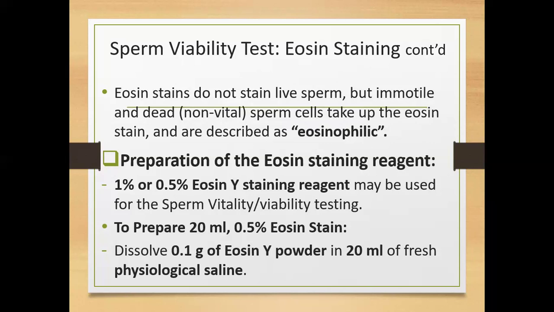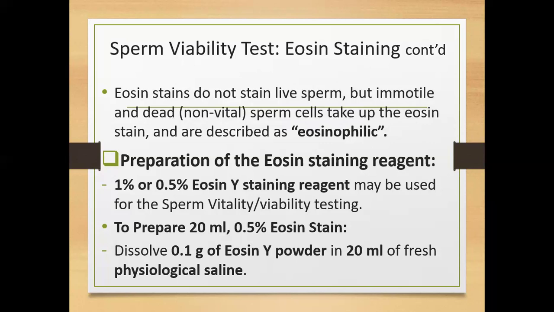Now, I have this example here. If you have to prepare 20 ml of 0.5% eosin, how will you do it? All right. Remember we said that it can be 1% or 0.5%.